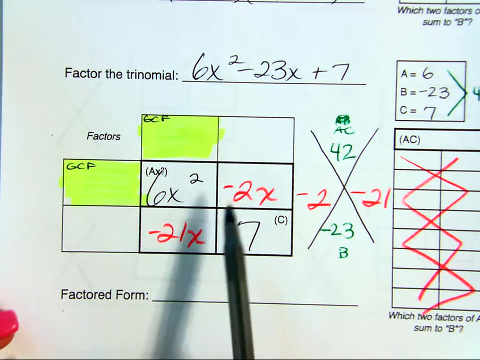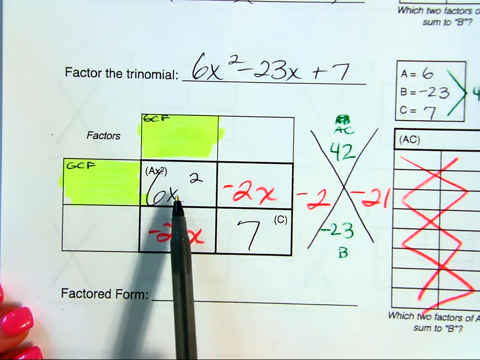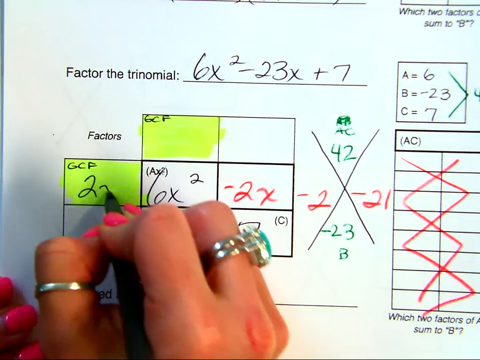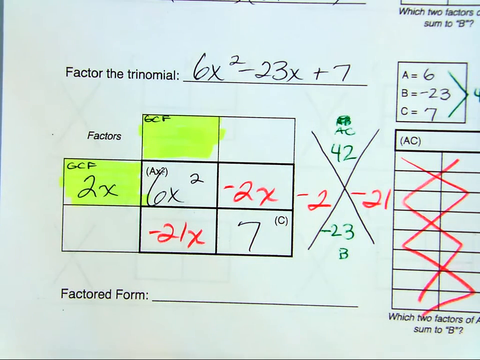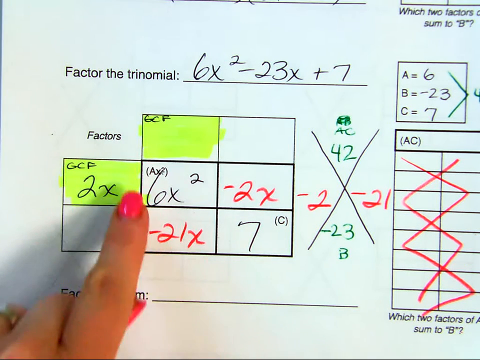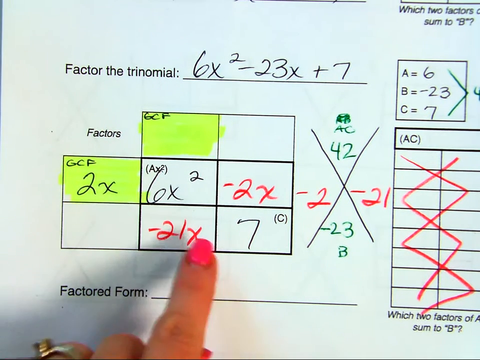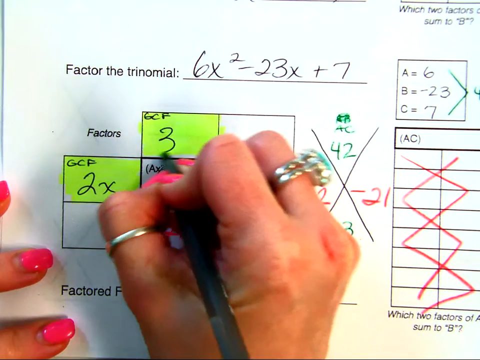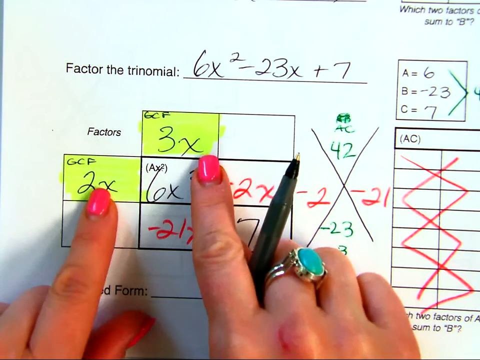So the GCF of 6x squared and 2x is 2x, right? Don't worry about negatives when you do this. What is the GCF of 6x squared and 21x? 3 and an x. Both of these should have your x's in them, right?